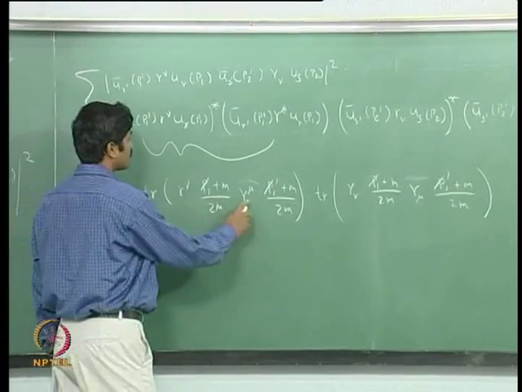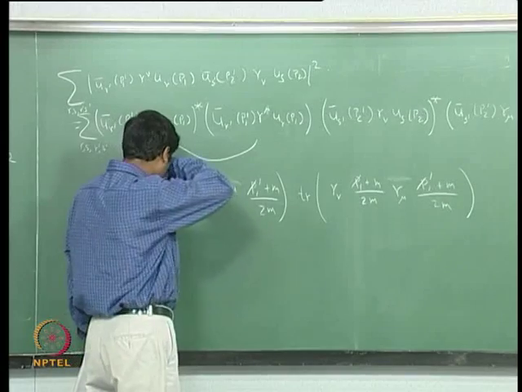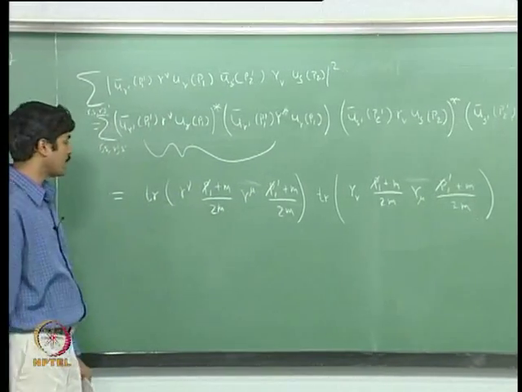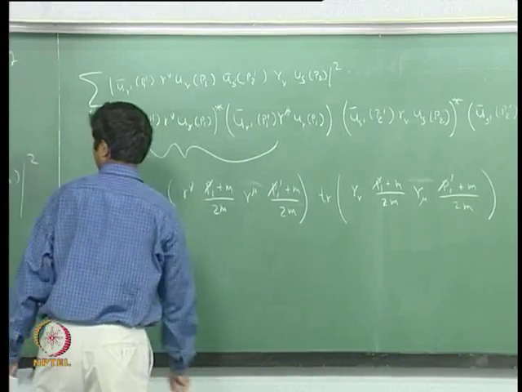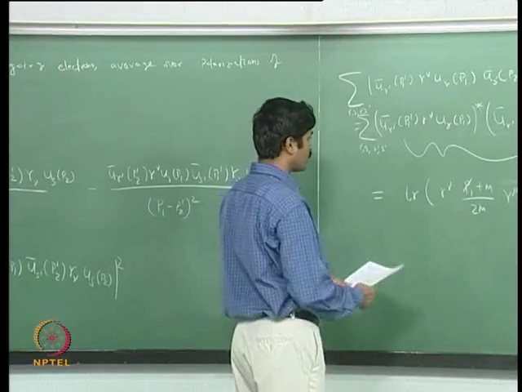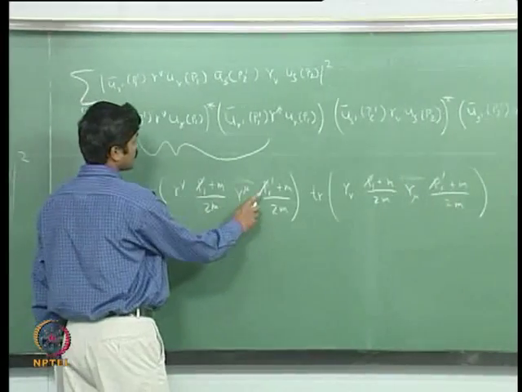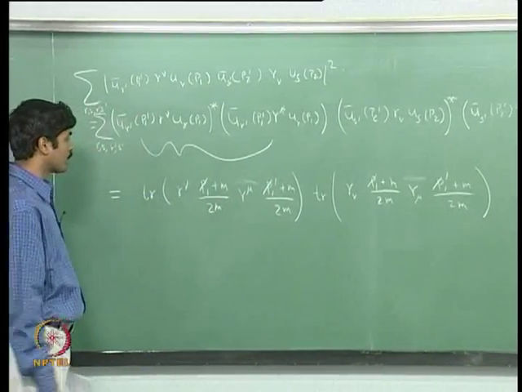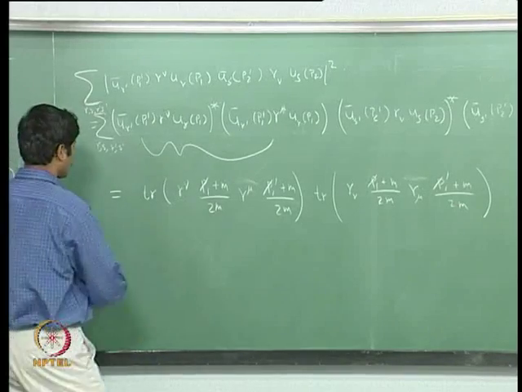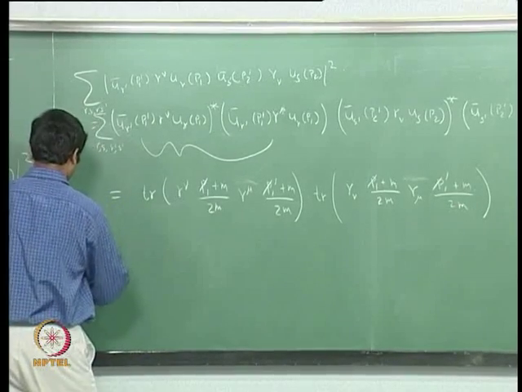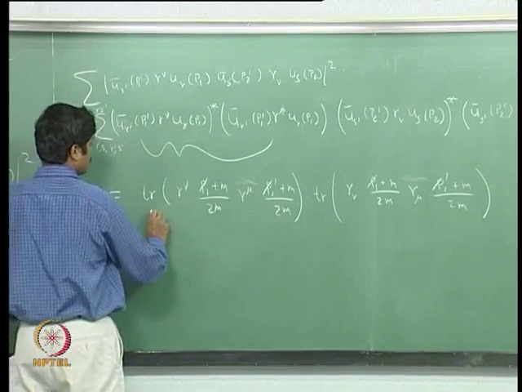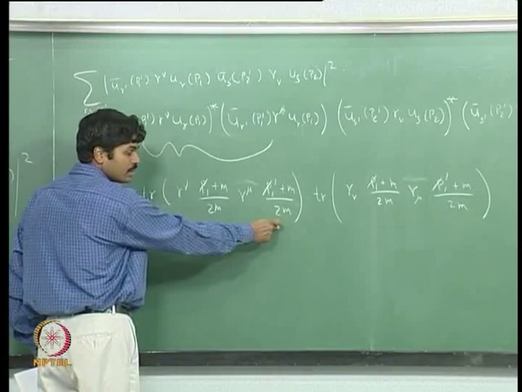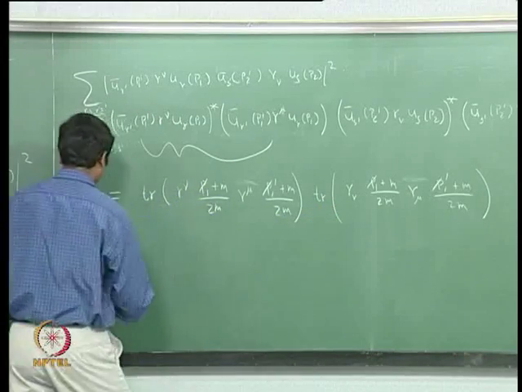Now, all we need to do is evaluate the trace and then plug it in to get the first term. Evaluating the trace is of course very easy because this involves only 4 gamma matrices. So, let us do that. I will just look at the first term here and the second term will have a similar expression.